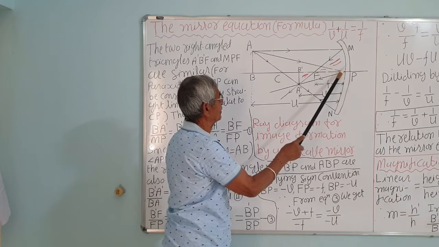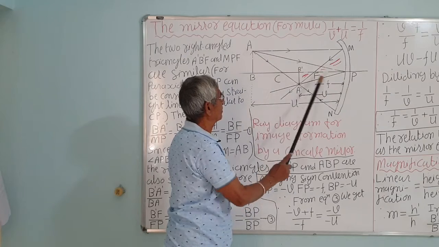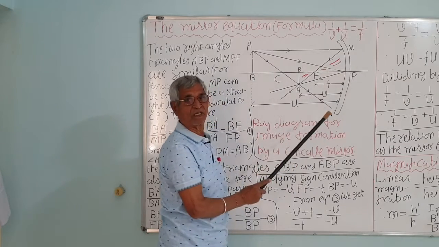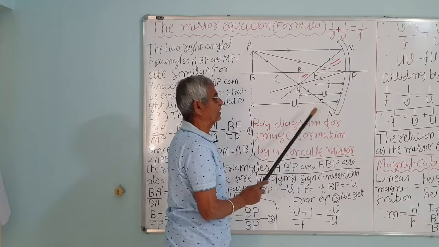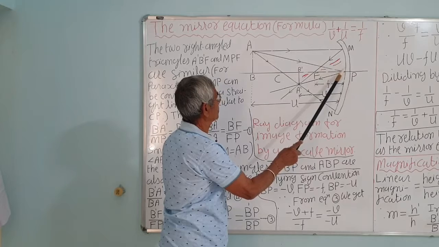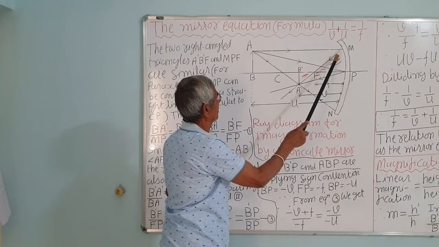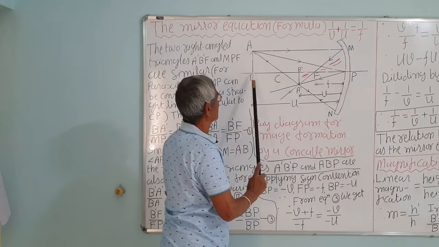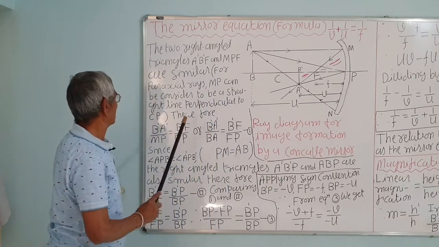Suppose the end point is very close to P. The rays parallel to the principal axis and very close to it are called paraxial rays. If they are away from it, they are called marginal rays. So MP can be considered as a straight line.